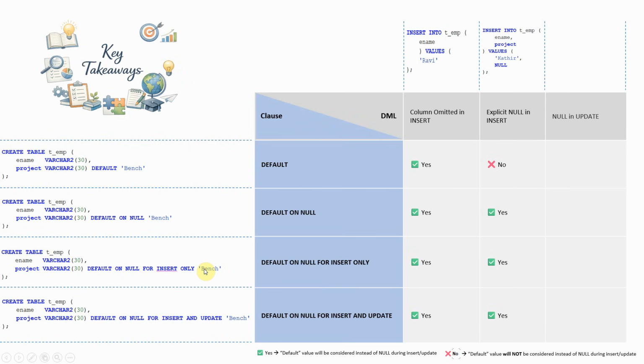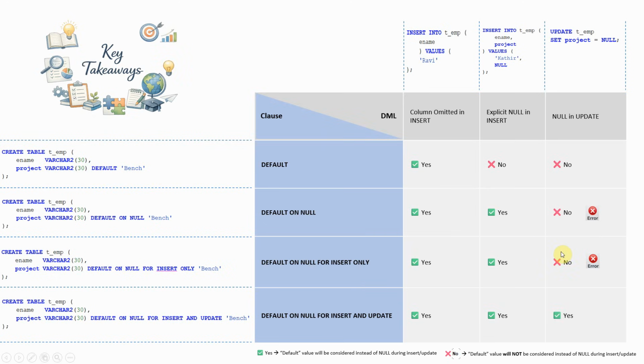And our last scenario is, if we update a null value as part of the update statement, what is the behavior for all these 4 keywords? To start with, with the default keyword, when we update a null value, the default value will not get used, and in fact the null value will get updated. If we use default on null or default on null for insert only, in both these scenarios the default value will not be used.